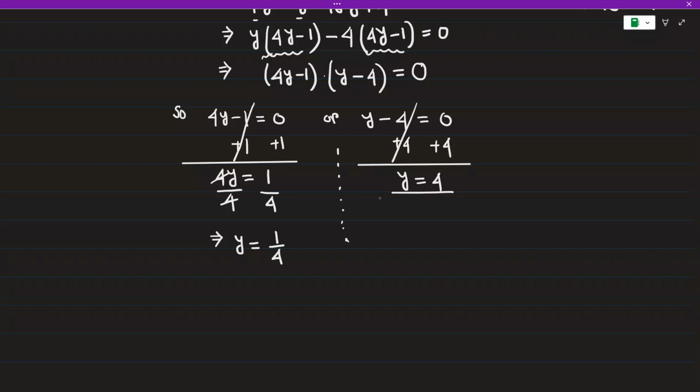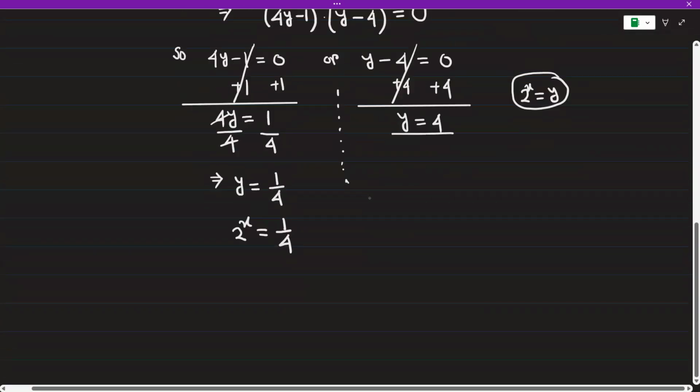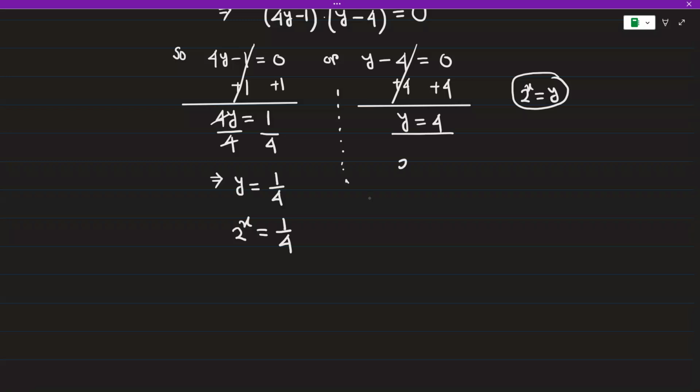Now in the earlier case, we already assumed that 2^x = y. So we substitute here: 2^x = 1/4 and 2^x = 4. We have to find the value of x. So 2^x = 1/4. 1/4 we can write as 4^(-1), and we know that 2² = 4, so 4^(-1) = (2²)^(-1).